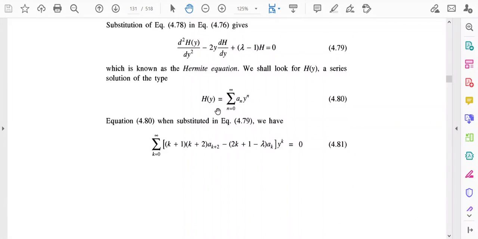Now look at the structure of hy. Hy can be expressed in terms of different a values, with n from 0 to infinity. So you separate the a values into two separate series, one for odd coefficients and another for even coefficients. Odd coefficients are expressed in terms of a1 and even terms in terms of a0.